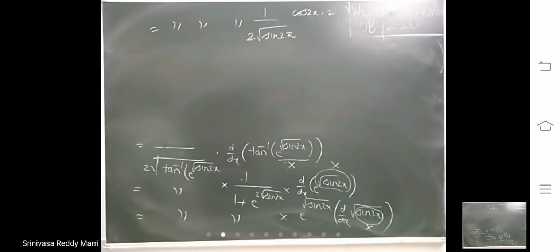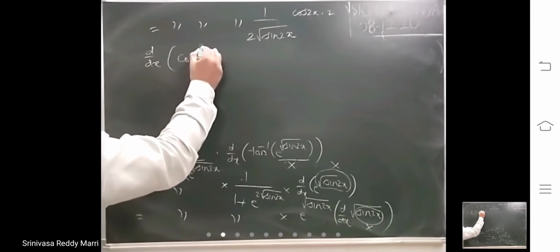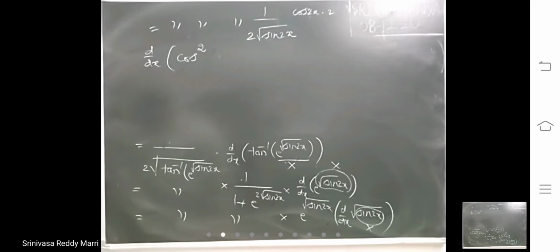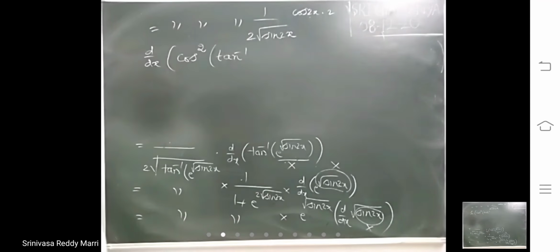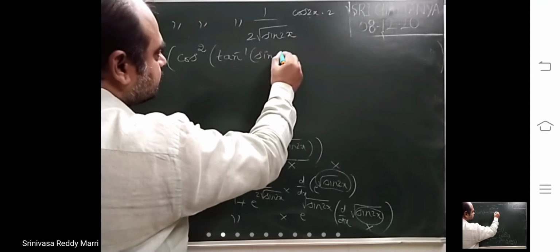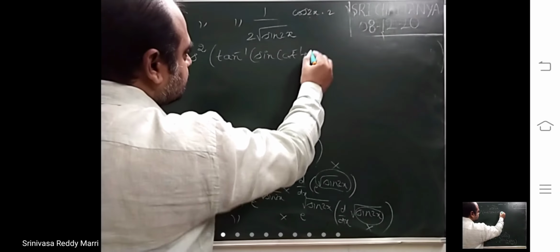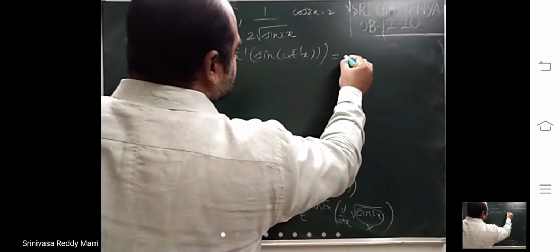Next. D by dx of cos square tan inverse, equal to dash.